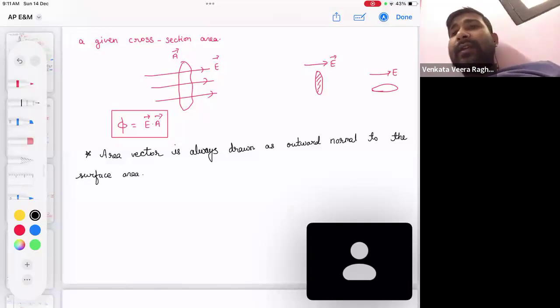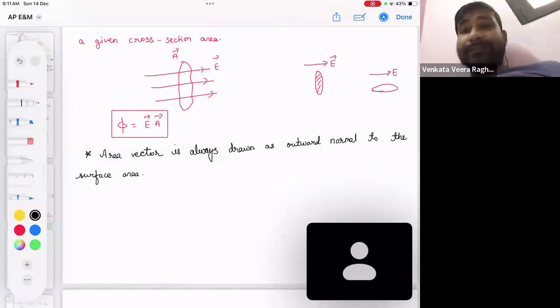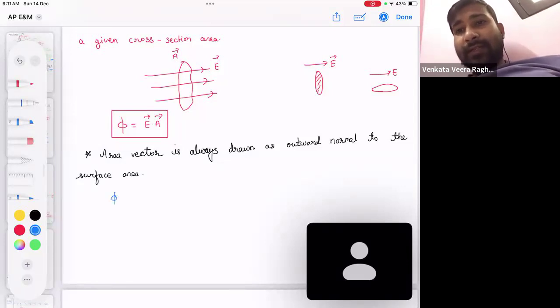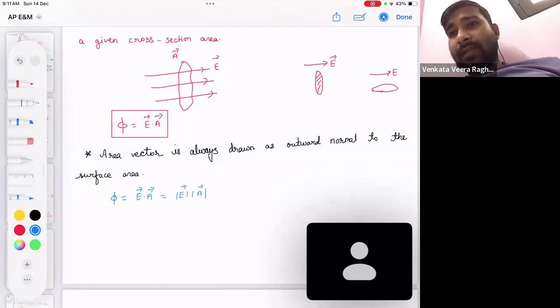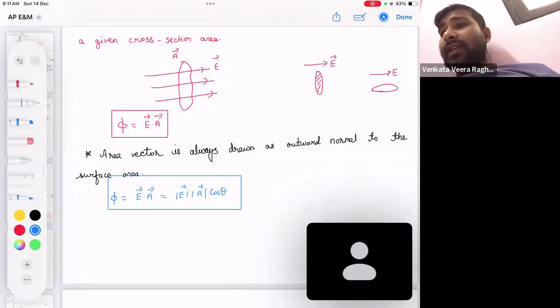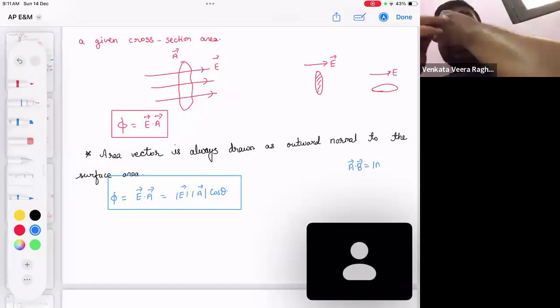Is that clear? Up here, if electric field is constant, so what can we use? If electric field is constant, we can write the flux equal to E dot A, or we can also write it as magnitude of E vector, magnitude of A vector, and the cos theta. This is how we take the dot product of the two vectors. If we want to find A dot B, it is magnitude of vector A, magnitude of vector B into cos theta, where theta is the angle between the two vectors.